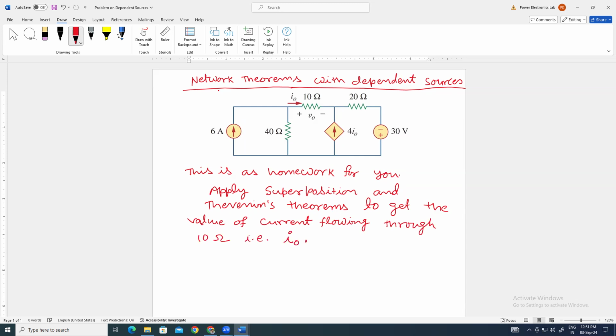You have to calculate the value of I naught, and this is for your homework. You have to apply 2 theorems, superposition theorem as well as Thevenin's theorem, right? Understood?